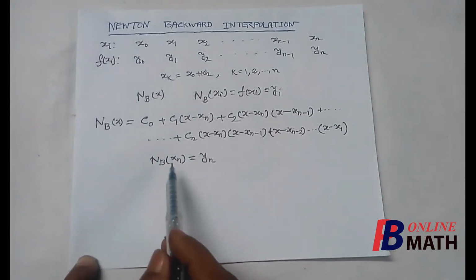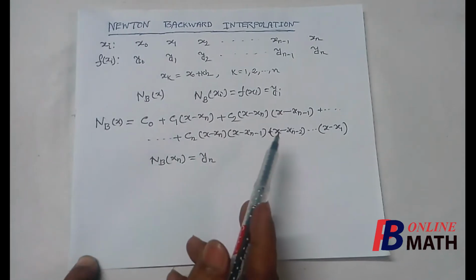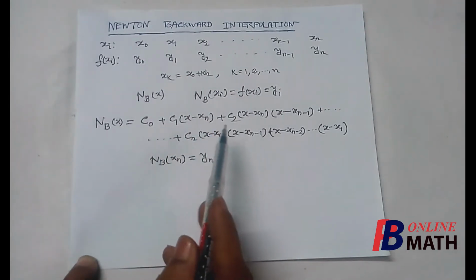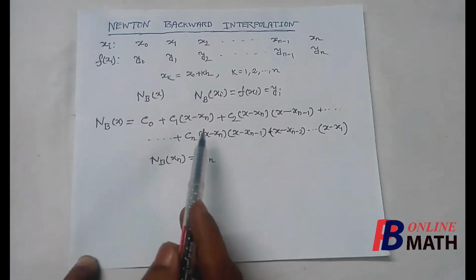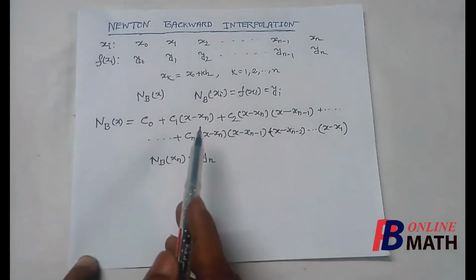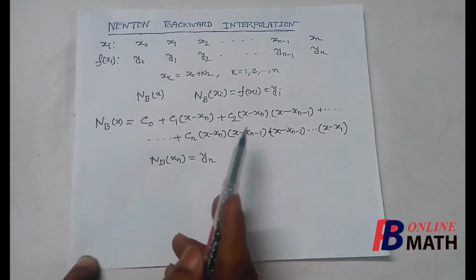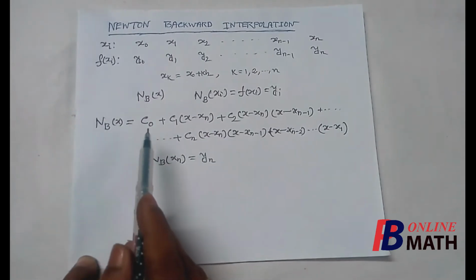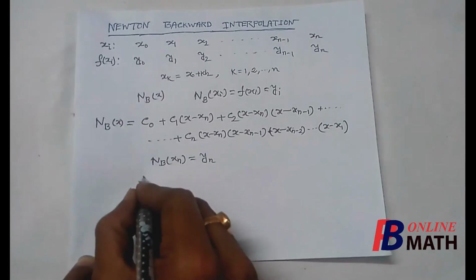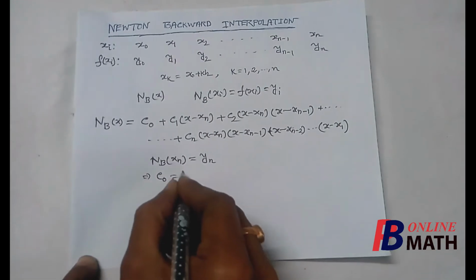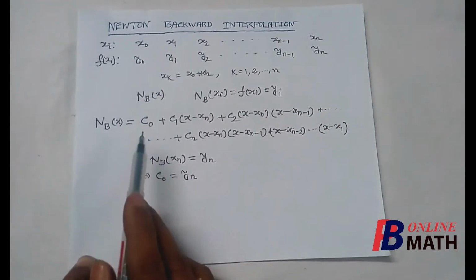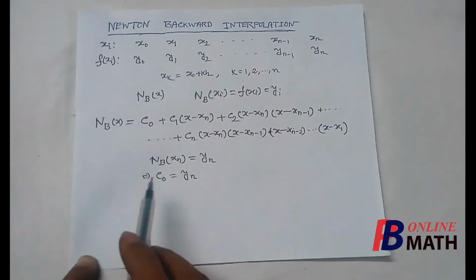If we put x equal to xn in this polynomial, then except for the first term, all the remaining terms vanish, because in all these terms there is one common factor, x minus xn. So all these terms cancel out and only one term remains, that is c0. So c0 is equal to yn. So we have one constant, c0 equal to yn.